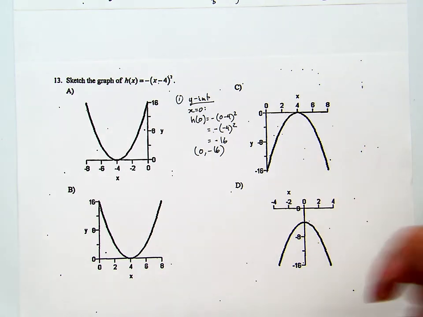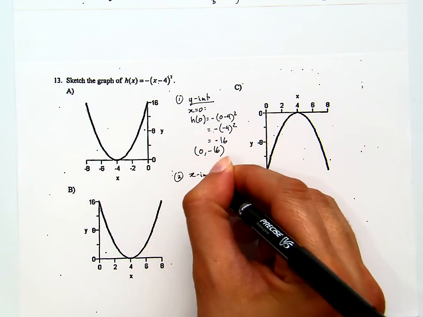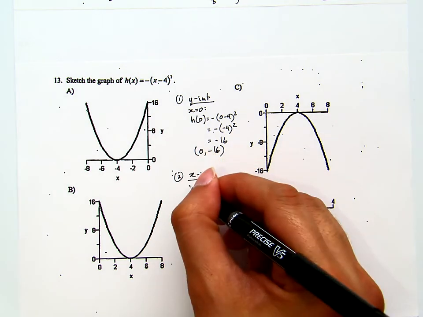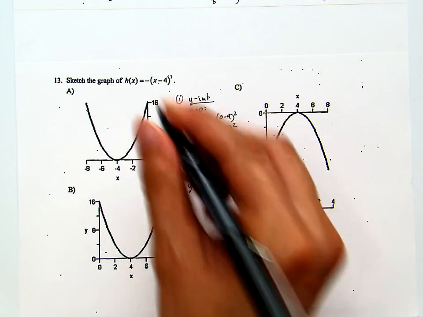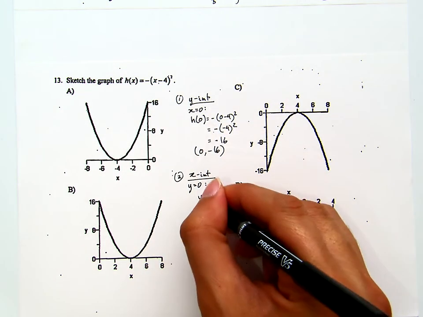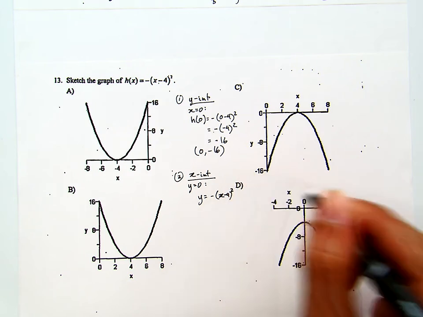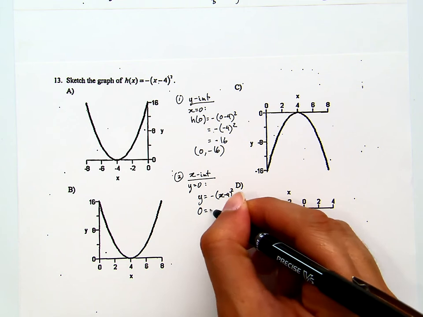The second thing we will do is to find the x-intercept, and the x-intercept will be obtained by setting y equals 0. Now h(x), which is our y, becomes 0 equals negative of (x minus 4) squared.